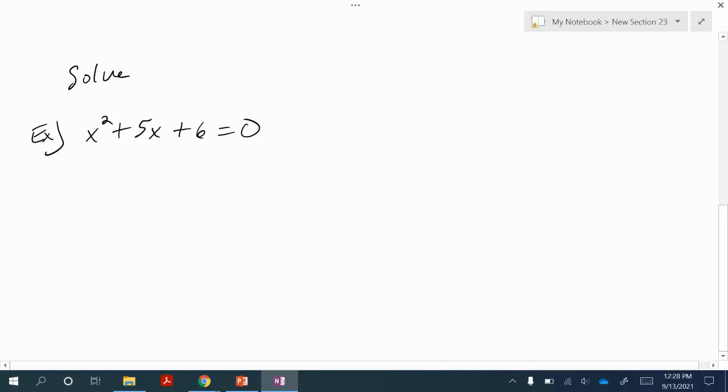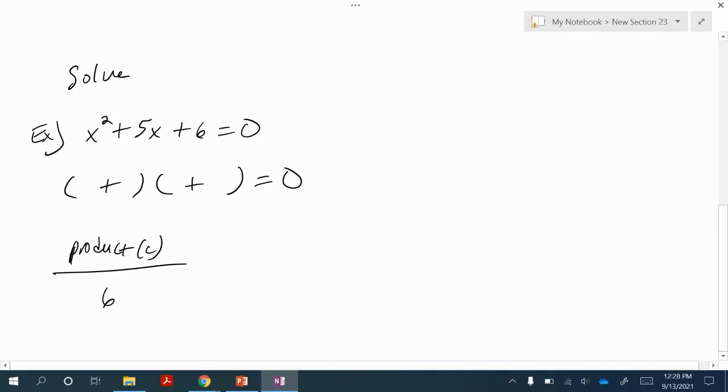We're going to factor using something called the product sum method. And here's how the product sum method works. We need to find two numbers such that the product is going to equal 6.